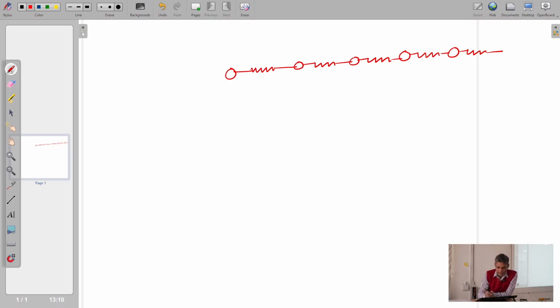Let's suppose this is my nth spring, and again we are assuming that every spring has the same stiffness, right, and every mass is the same.